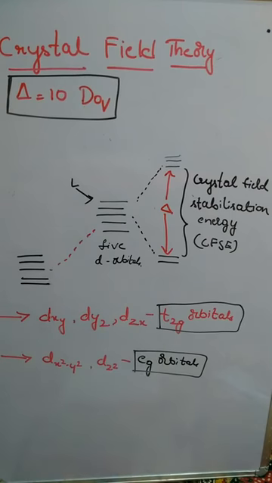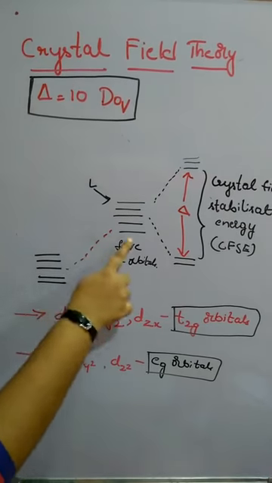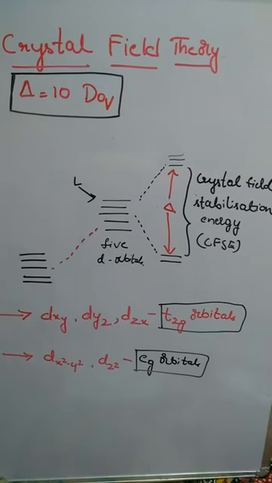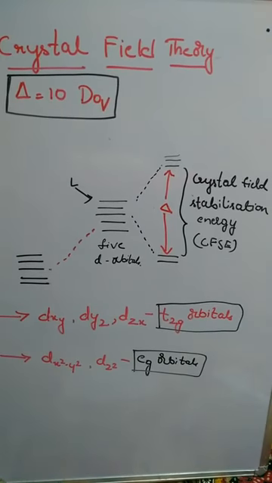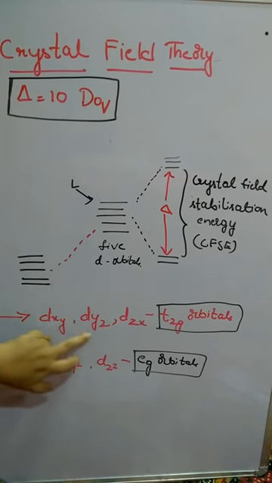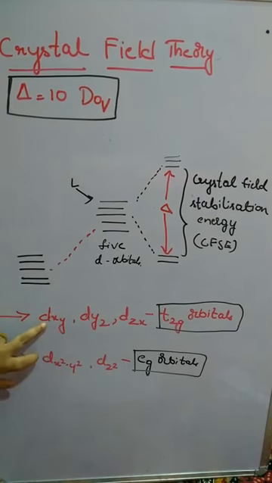So d orbitals, when the ligand comes closer, if it is coming along the axis, these are nothing but the orbitals that lie in between the axis. In these orbitals, the lobes will be in between the axis. Here the lobes of the orbitals will be along the axis.